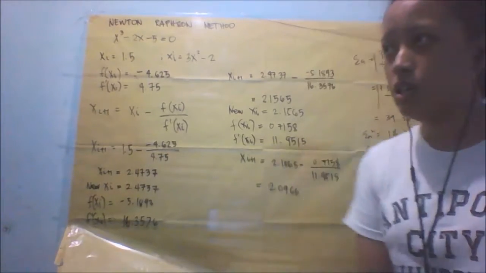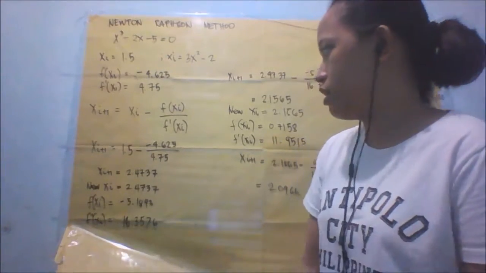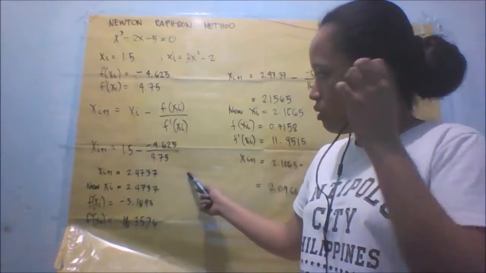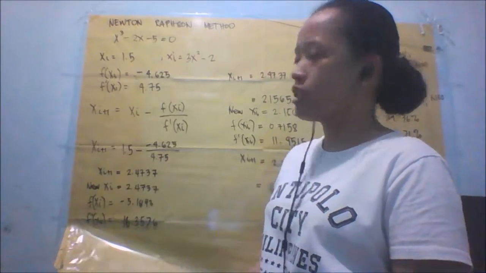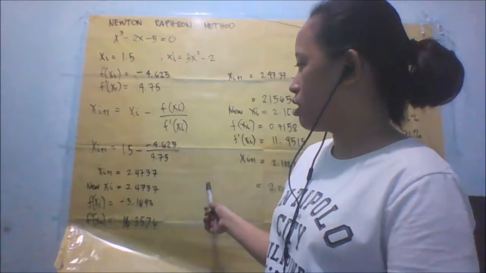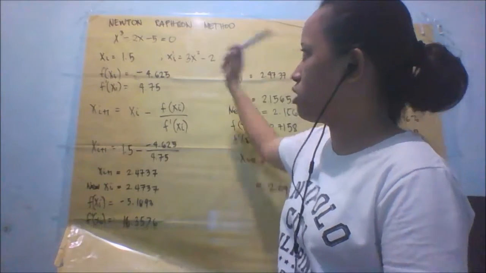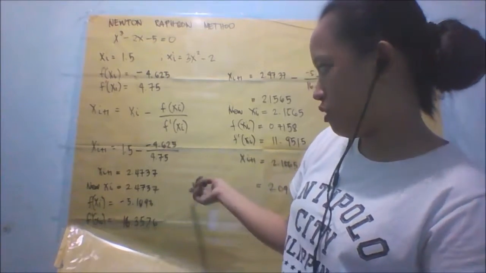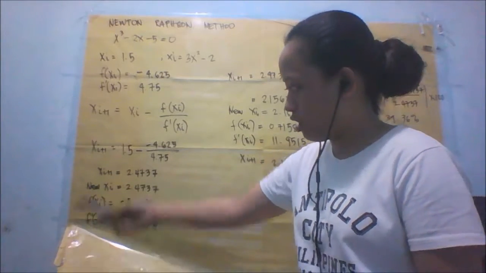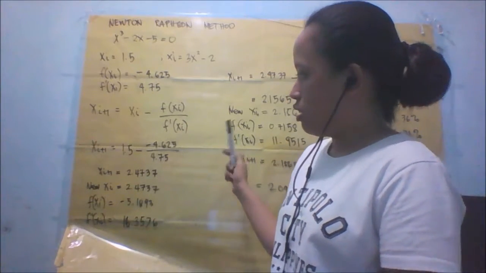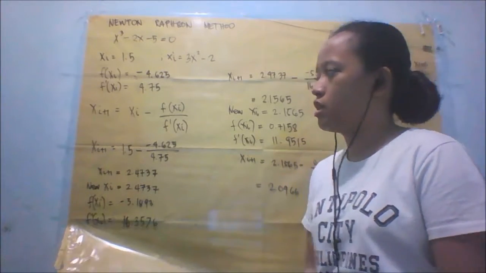So Newton-Raphson is very simple because if we calculate the xi plus 1, we will get the new xi to be substituted in our function. Our new xi is 2.4737, which is the value of our xi plus 1 a while ago.